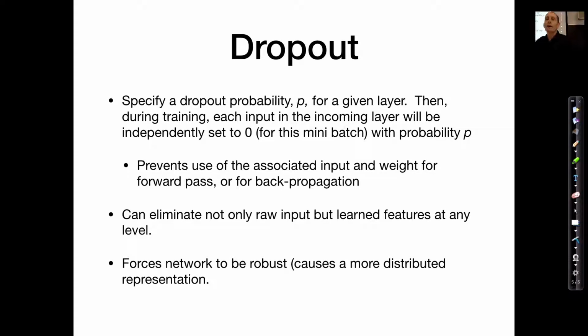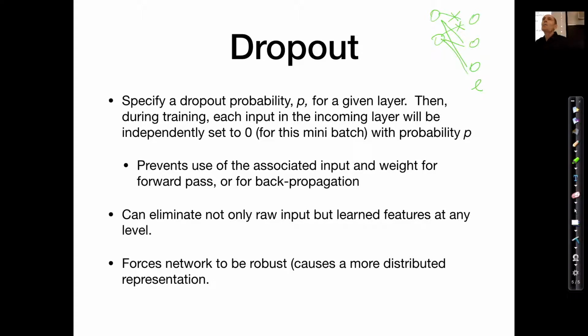So if we are at layer L, and we've got 2 inputs coming in, then we have 6 different rolls of the dice to see whether this input goes away or this input.